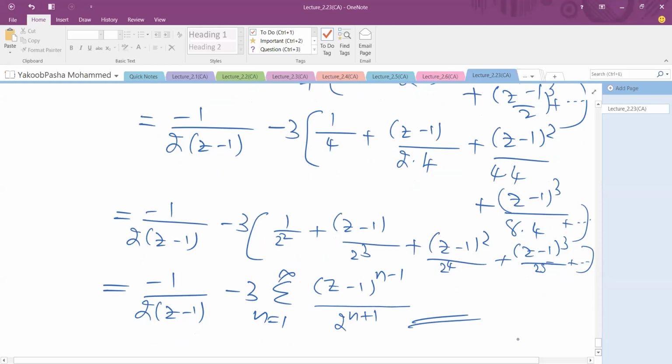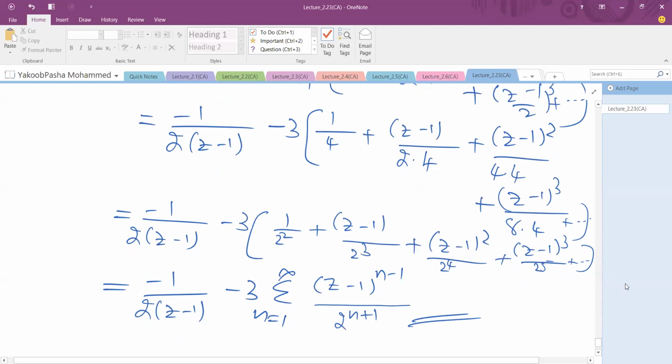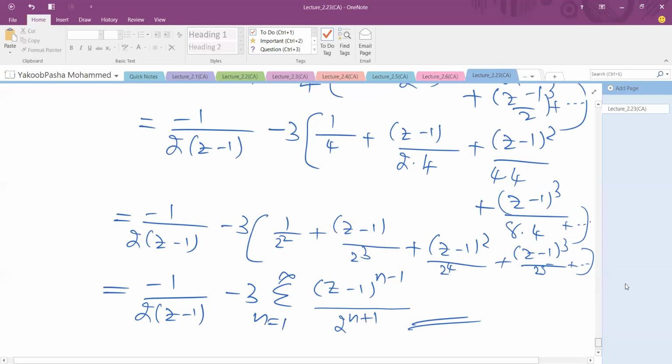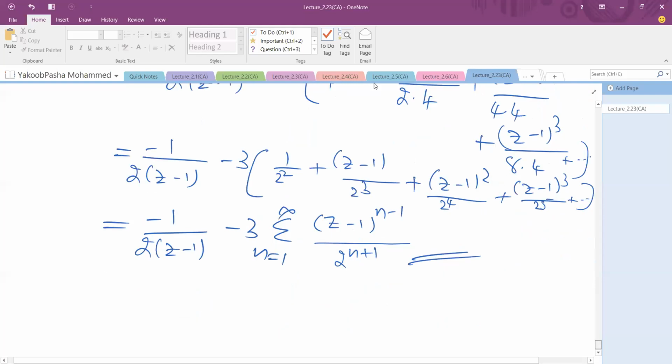Now I am not taking the options, because they are very long. When we take n equal to 1, it is balanced, n equal to 2, okay. So I am taking 2 power n plus 1, okay, it is okay.